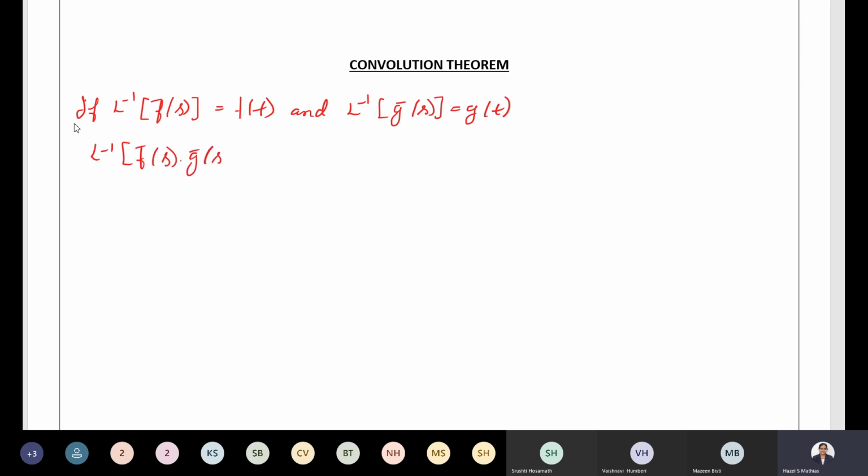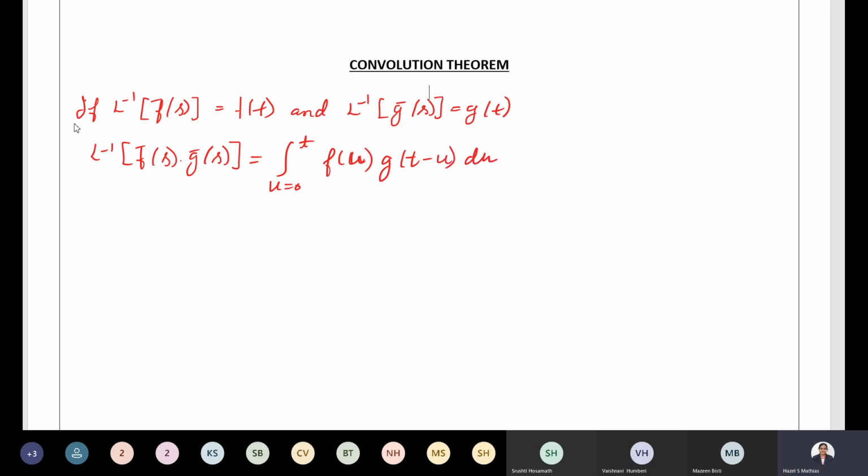If L inverse of f bar of s is equal to f of t and L inverse of g bar of s is equal to g of t, then the inverse Laplace transform of f bar of s into g bar of s is given by the integral from u equal to 0 to t of f of u into g of t minus u du.